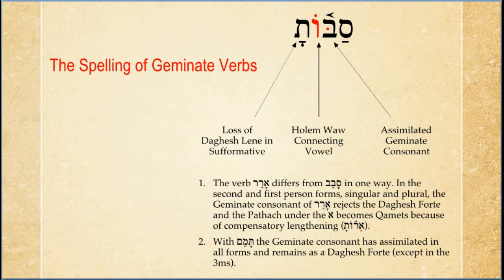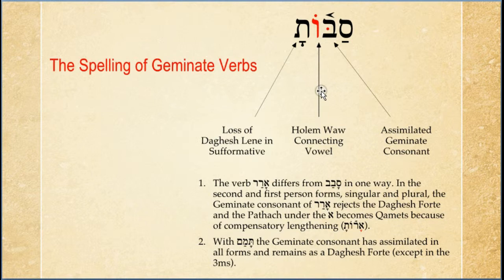So let me show you what happens with the Geminate verbs here. The first thing that happens is there's the assimilation of the consonant. So we had two bets. One of them went away, and it becomes a dagesh. The holem vav comes in as the connecting vowel. You have the ending, the ta. That's a traditional ending. Only in this case, the dagesh lene goes away.